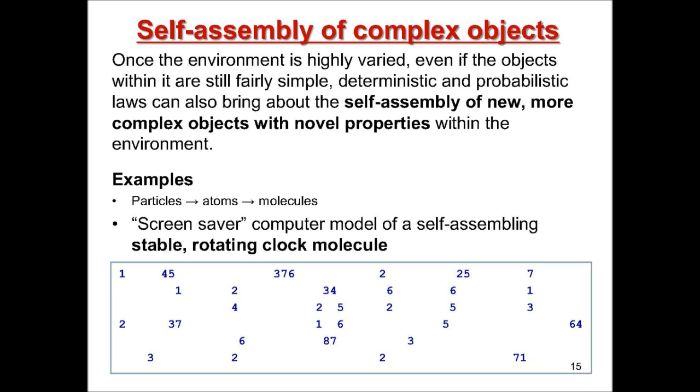No, you would never see it in the math unless you spent a few hours looking for where I buried it, because these are emergent properties. The stability and the clock-like rotation of that molecule are emergent properties of the same math that governs every other molecule that is not stable and does not rotate exactly.